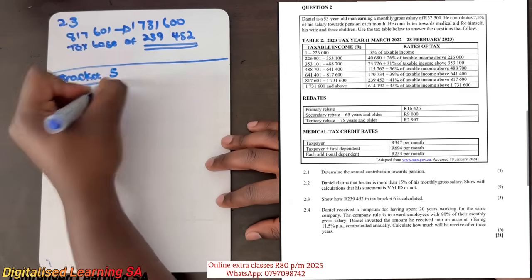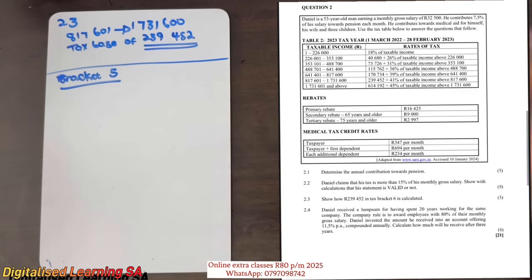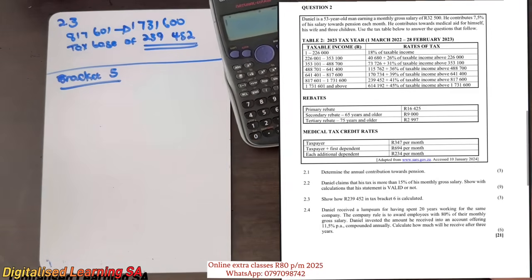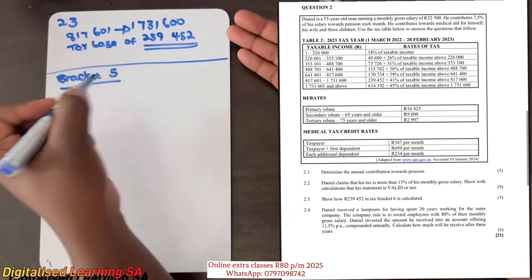5. If we look at tax bracket 5, we can see that the tax base was 170,734 for 641,400. Now in this case, we will be considering the whole amount for this tax bracket. So let's just simplify it by showing it.